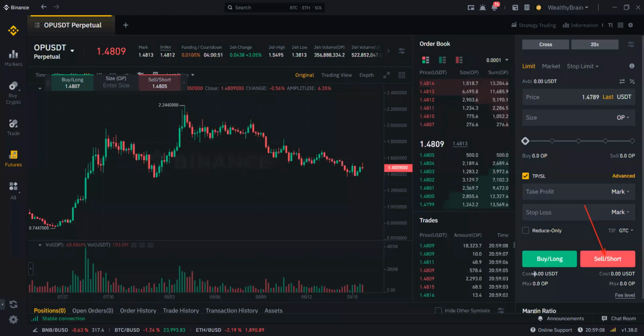And now, if you want to trade this OP, what you need to do is know the entry price.